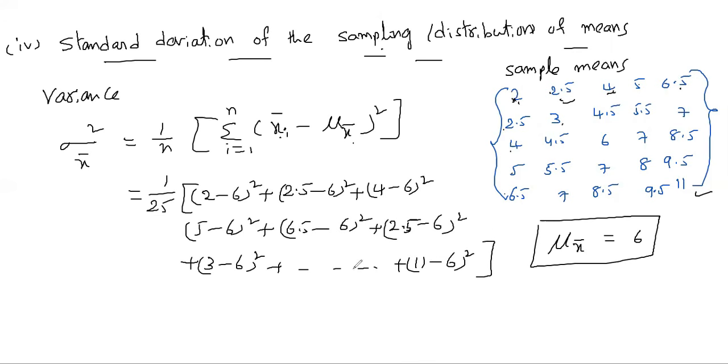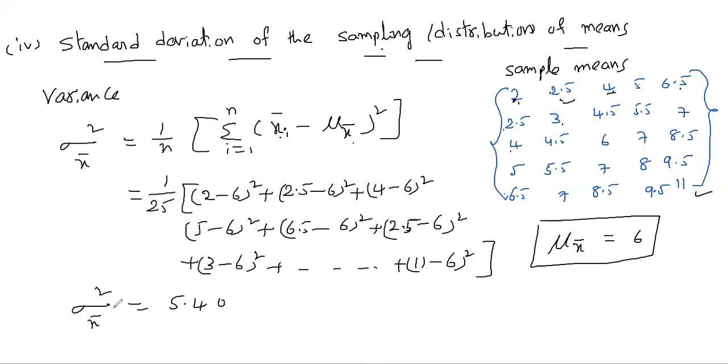You do all this in the calc. If the terms are few, you can write everything, but if there are 25 terms, do it at one time in the calc and write the value. So 1 by 25 into all this value is nearly 5.40.